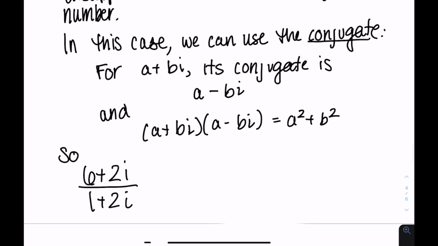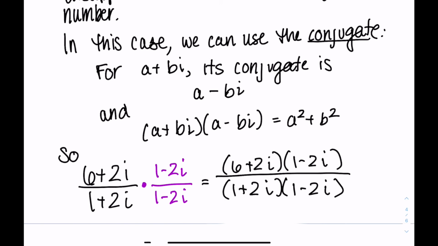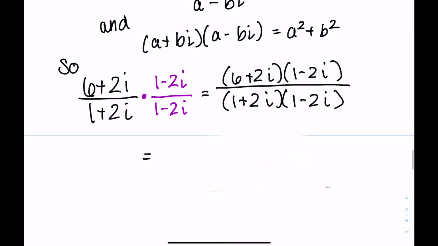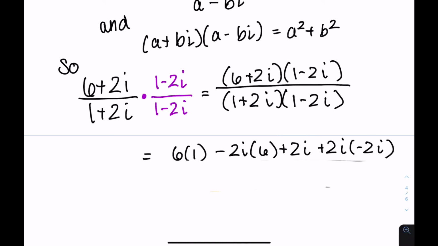So for this expression, I want to multiply the bottom by the conjugate. But since I'm multiplying the bottom, I've got to do the same thing up top. So we need to actually FOIL both of these out. If we multiply the top out by FOILing, we'll get 6 minus 12i plus 2i, and that'll be minus 4i squared.